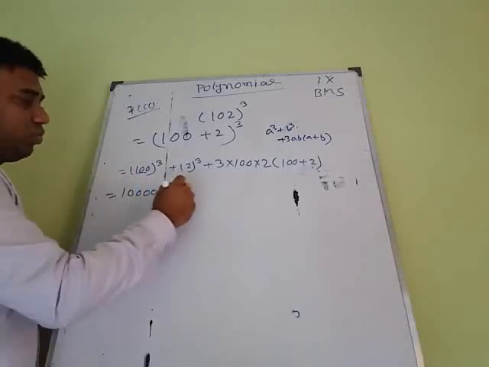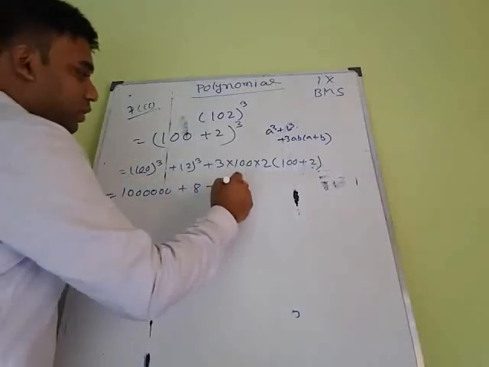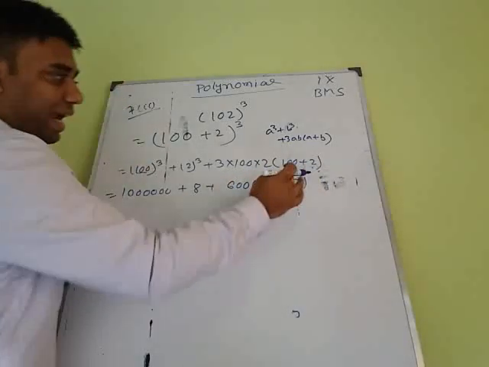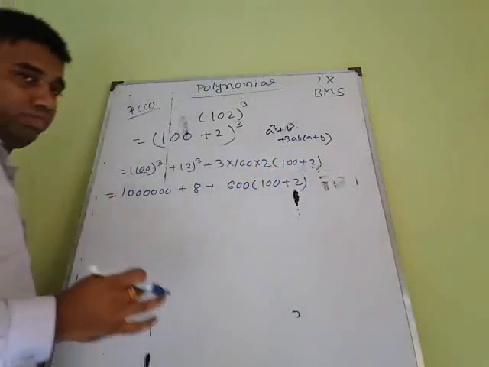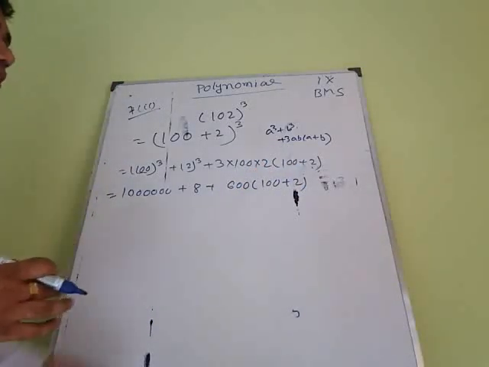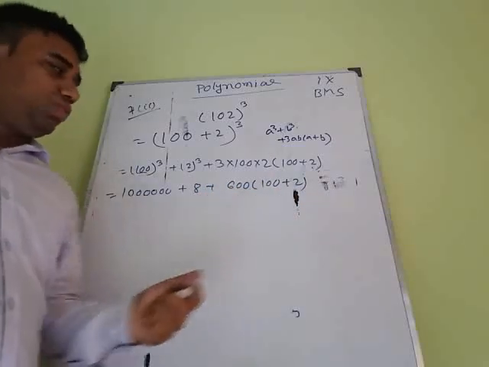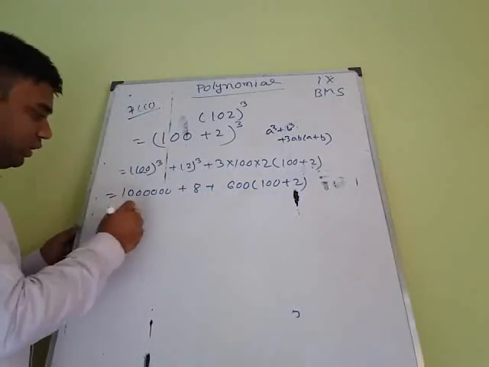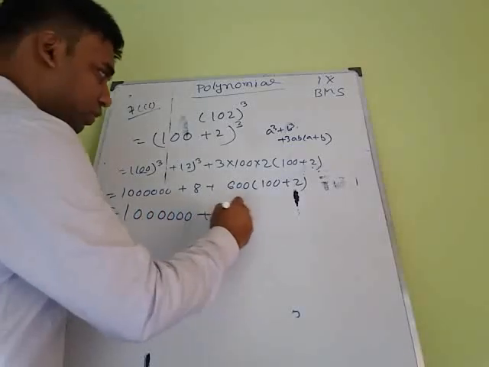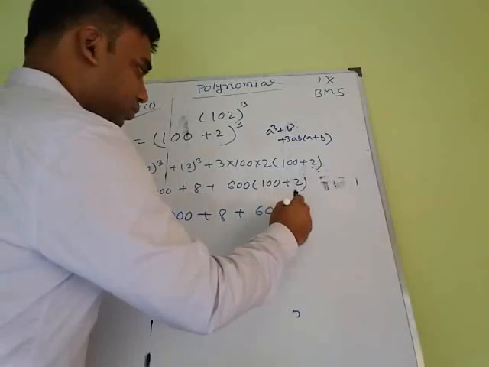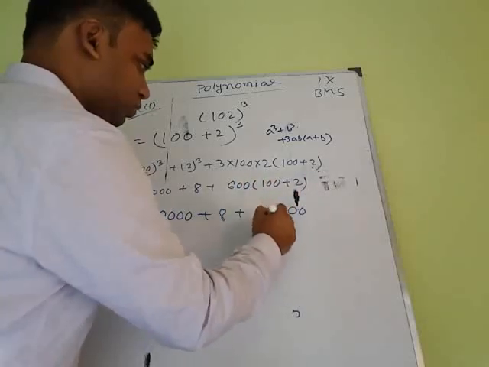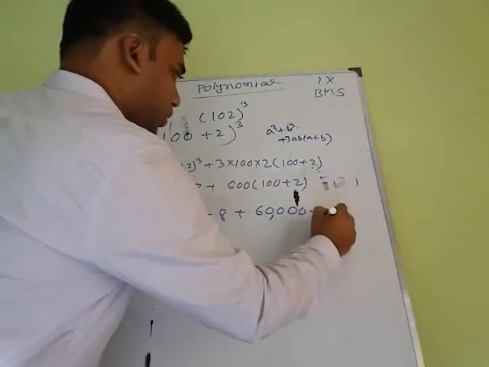Now 8, 600 into 100 plus 2. Students, don't add this 100 and 2, that will be difficult for calculation. Just keep it in the form 100 plus 2. So 60,000 plus 1200.